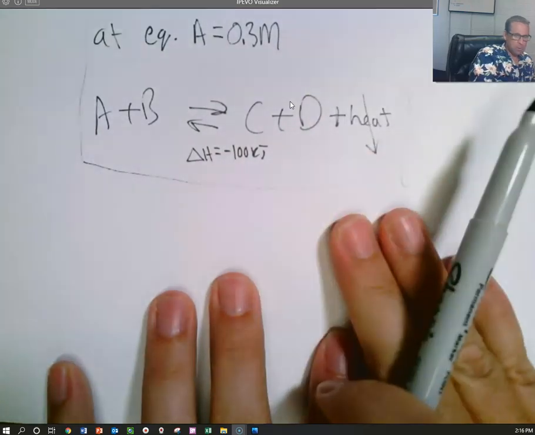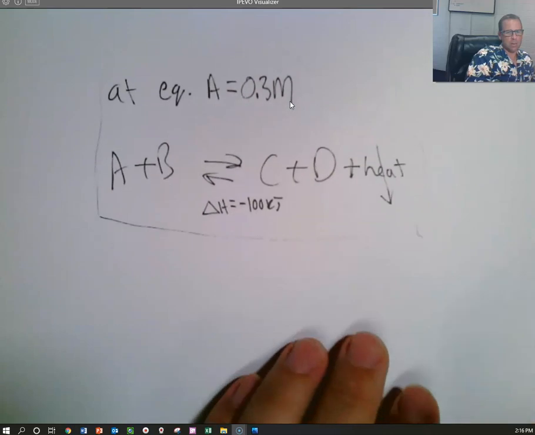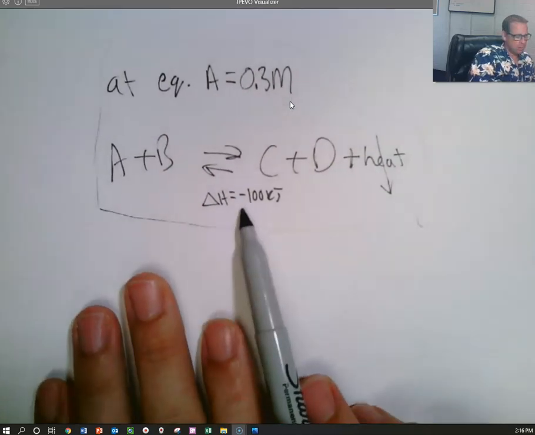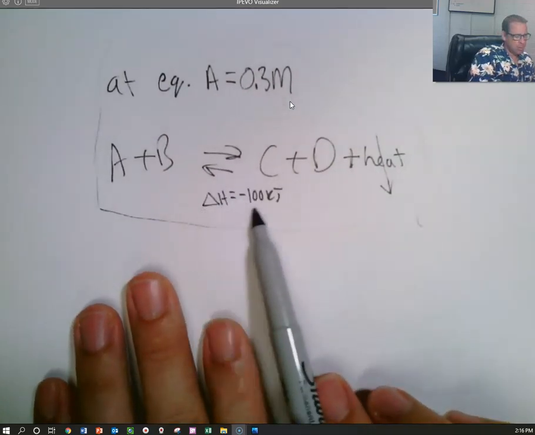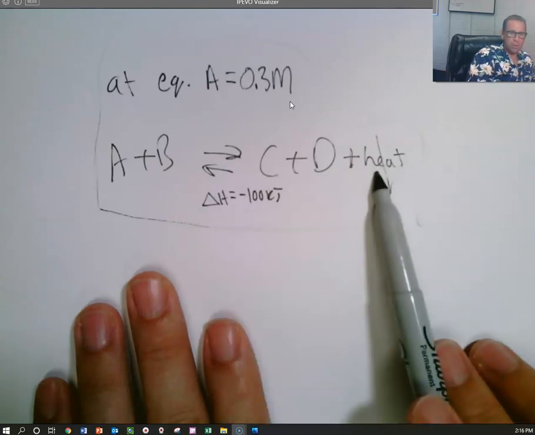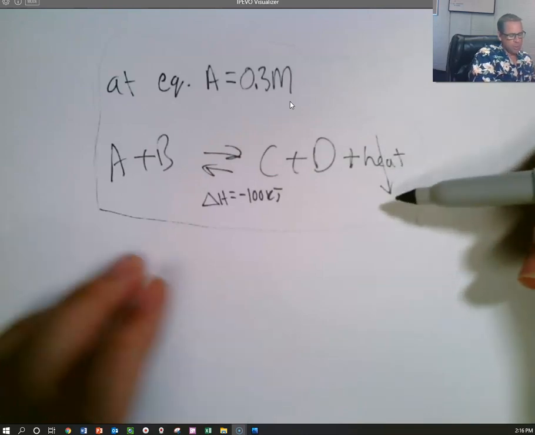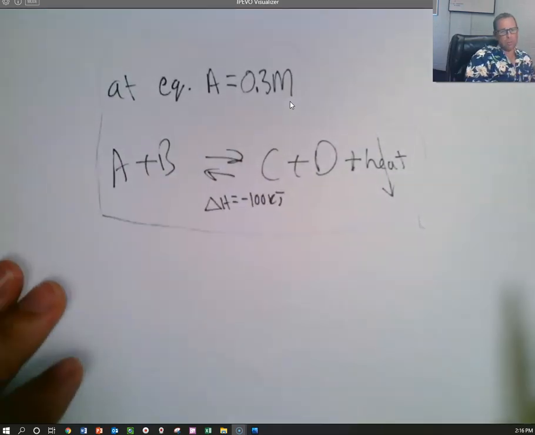And by removing a product, the equilibrium will shift towards the product side. All right? Again, this told me that it was an exothermic reaction, therefore heat's over here, and if I'm cooling down the system, then that's removing heat, removing a product, so the equilibrium will shift to the right.